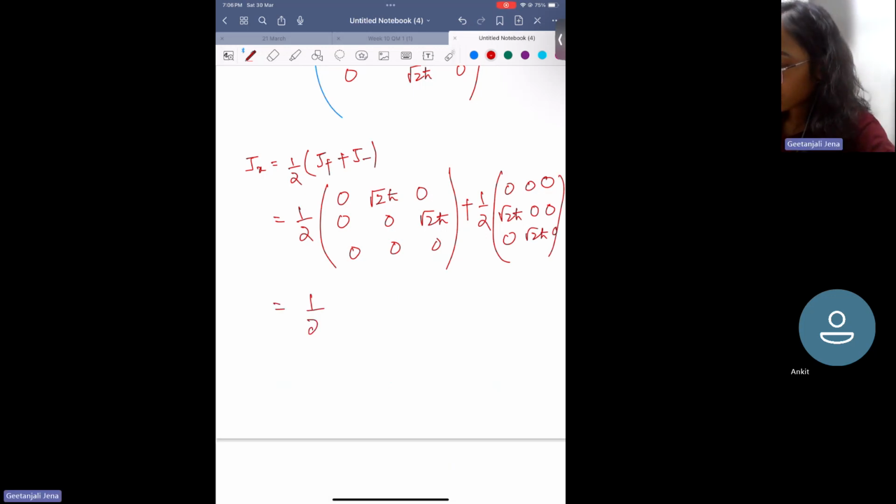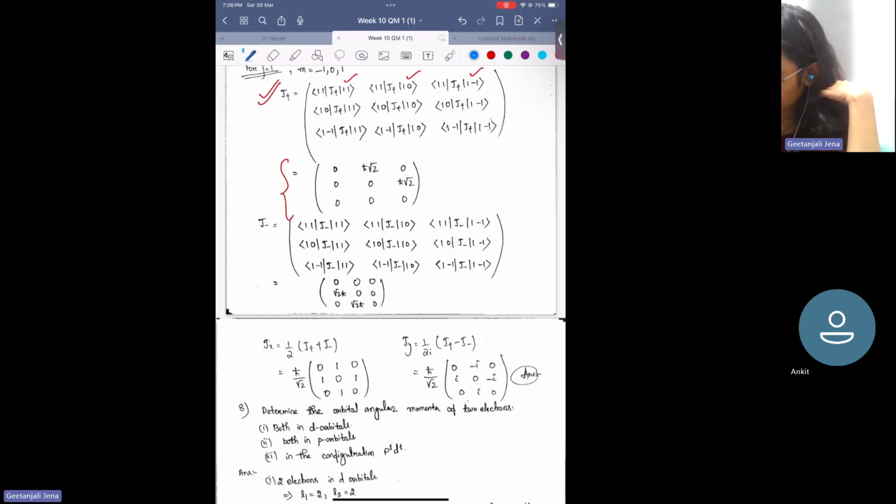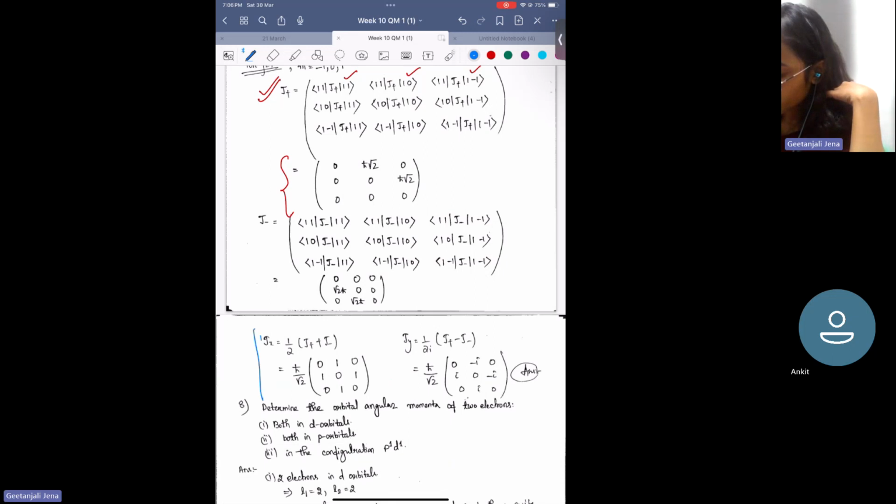Now if you take the sum, you will get h cut by root 2, 0, 1, 0, 1, 0, 1, 0, 1, 0. This is the value you will get. So you will get jx as this.